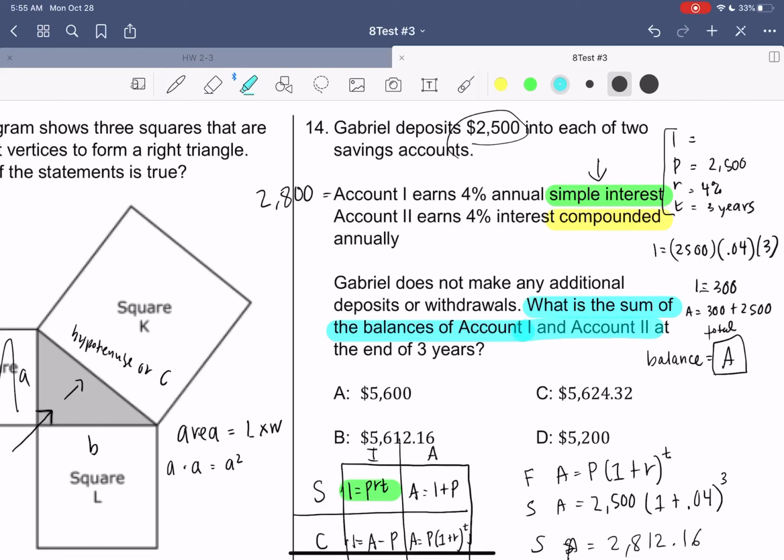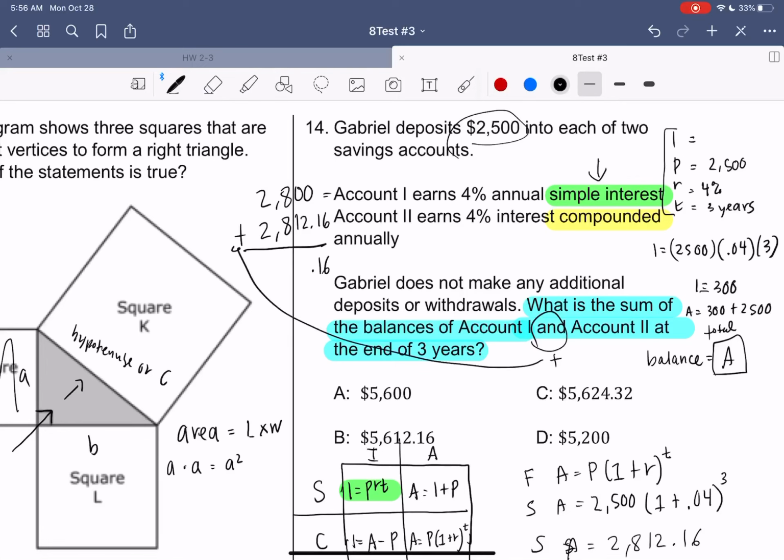So what they asked us to do is to find the sum total of the balances of account 1 and account 2 at the end of 3 years. So when it says and, we're going to have to add. So we're going to take 2,800 and then we have 2,812.16. And that will leave us with 0.16 when we add.